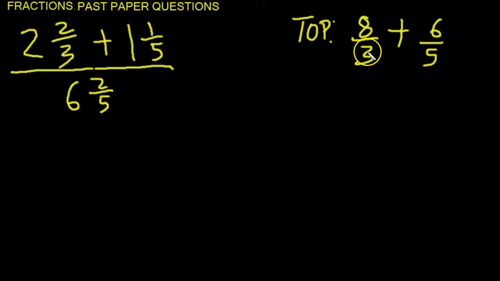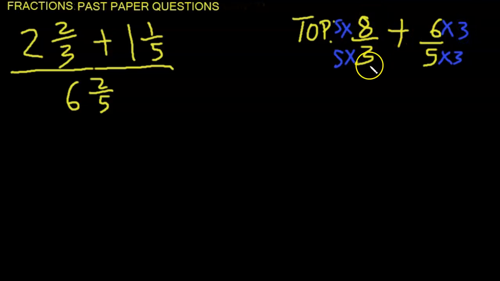So we want to make both of these have a denominator of 15. To get the 3 to have a denominator of 15, we multiply by 5, which means we need to multiply the numerator by the same value. And the 6 over 5, we want this 5 to become 15, so we multiply it by 3. But remember, whatever is done to the denominator, the same has to be done to the numerator.